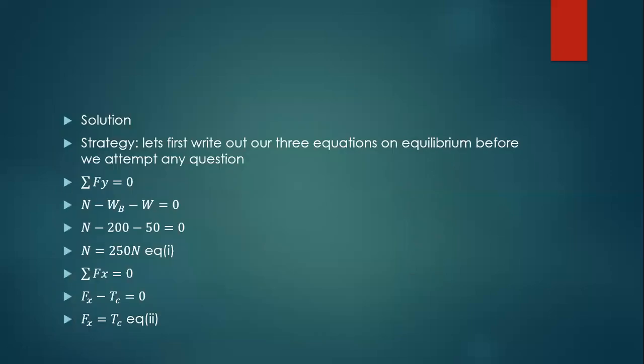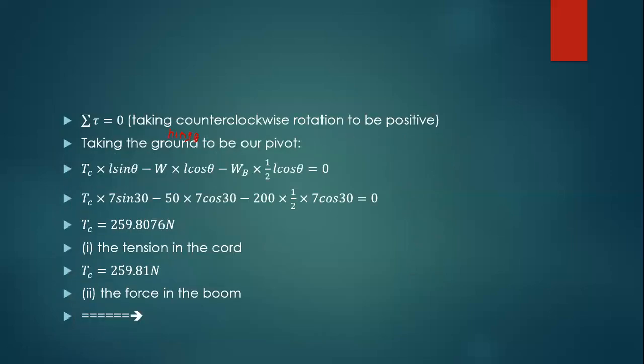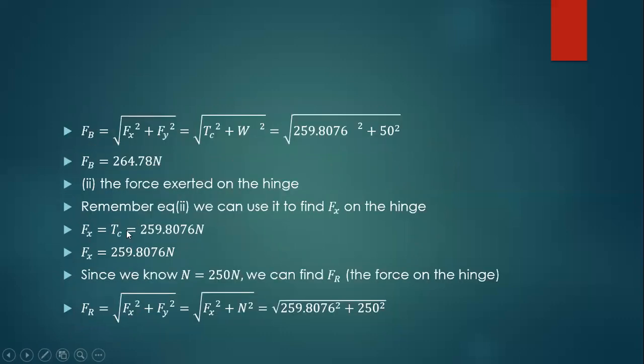And this is how we get to find it. All right, our FB will be the square root of our component in the x-axis squared plus our component in the y-axis squared. Now our component in the x-axis is the tension in the cord.